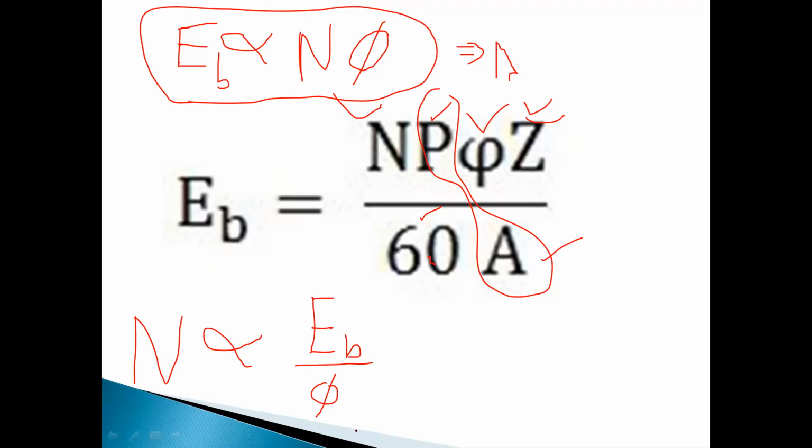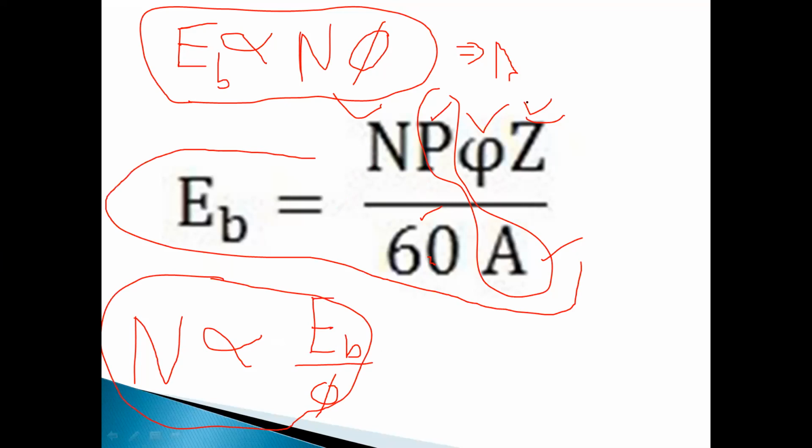Speed of the motor is proportional to back EMF by flux. This is the relation between speed, flux and back EMF in a motor. The basic back EMF equation is the generated EMF in the motor; back EMF is proportional to speed and flux, therefore speed is proportional to back EMF by flux.